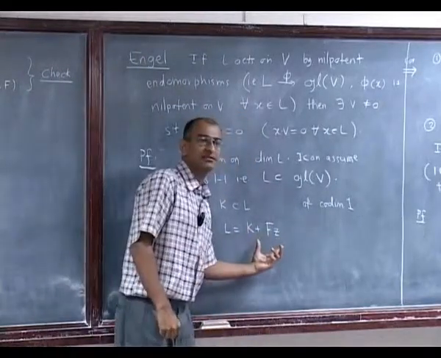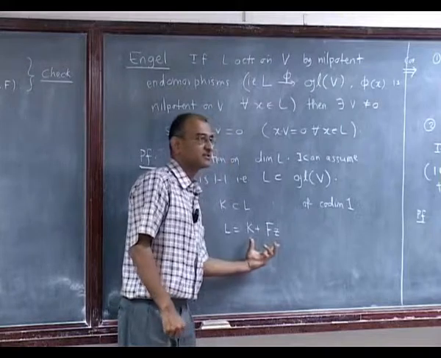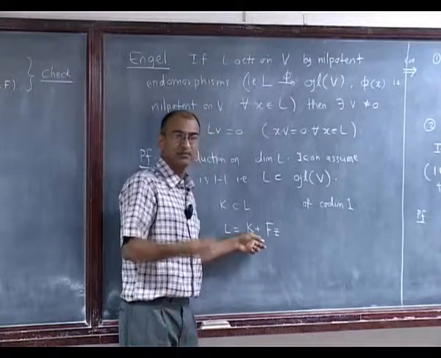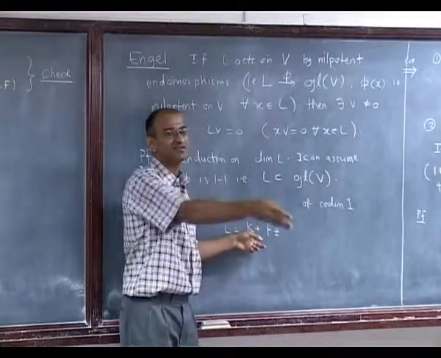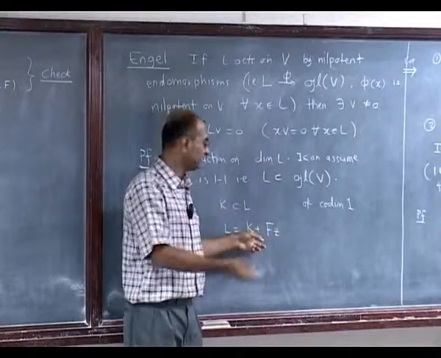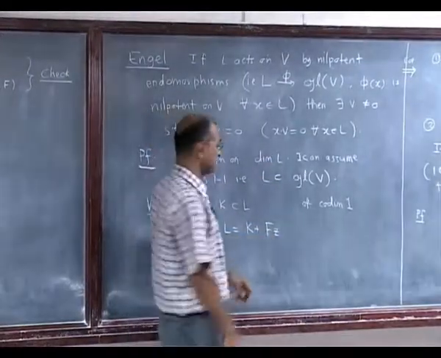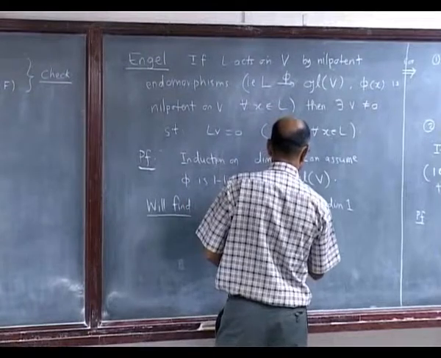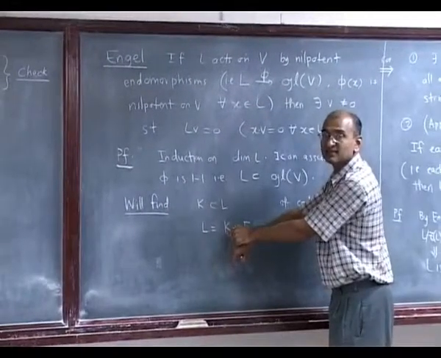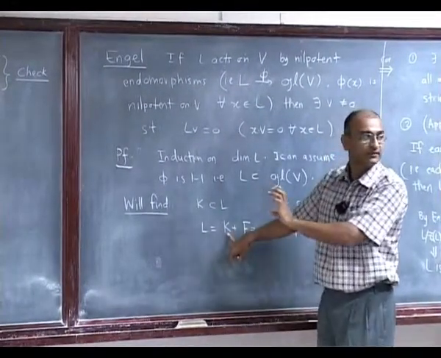This plus is only as vector spaces. So there is K, which is a codimension 1 subspace, and then I add any vector which is not in it, and I will get the whole thing. F is, remember, the field. So, as vector spaces, everything in K has a common eigenvector.